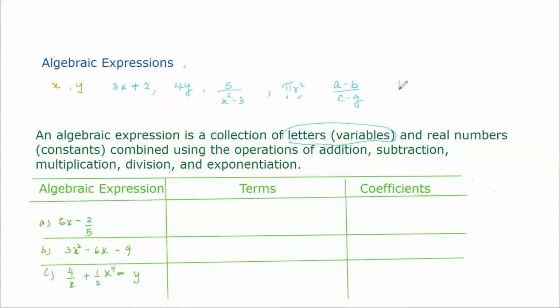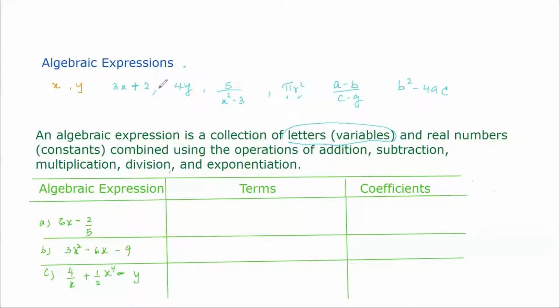Also this formula, everyone is used to seeing: b squared minus 4ac. This is an algebraic expression also, because b is a variable or unknown, 4 is a number, and a and c are unknowns or variables.